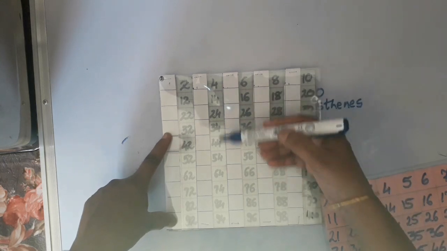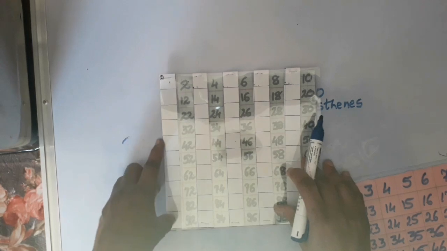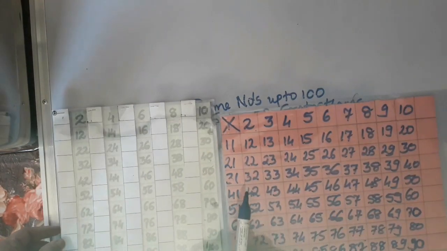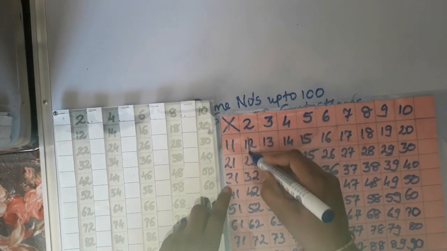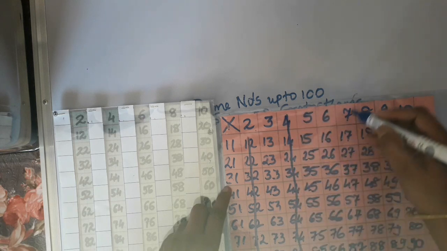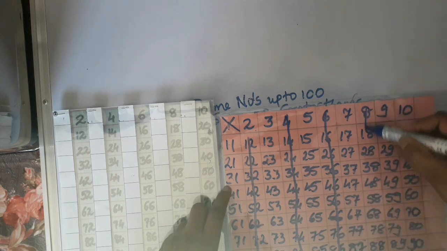All even numbers are divisible by 2. So we need to cancel all the even numbers except 2. So here this line will go. They are all even numbers, so they are divisible by 2. So I have cancelled them off.